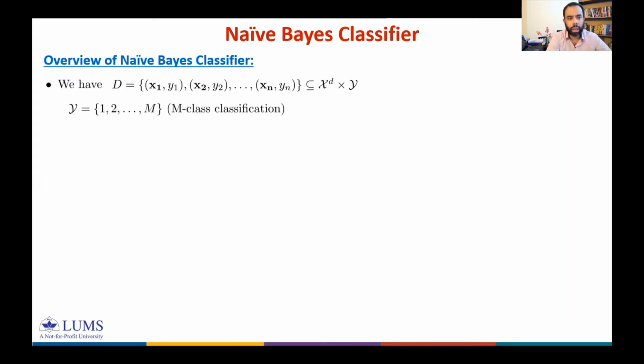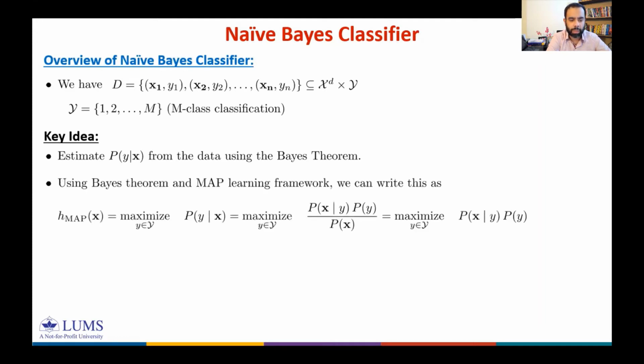The key idea in the Naive Bayes classifier is that we want to estimate probability of y given x from the data using the Bayes theorem, such that we can use this MAP principle to obtain the most likely label, right? So we pick the label y from the set, and we carry out this selection such that probability of y given x is maximized.